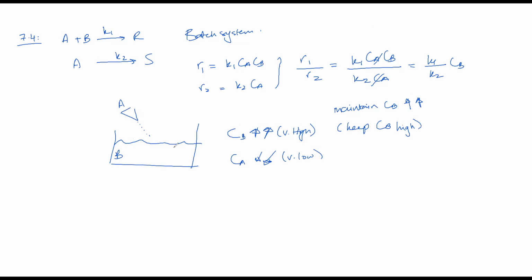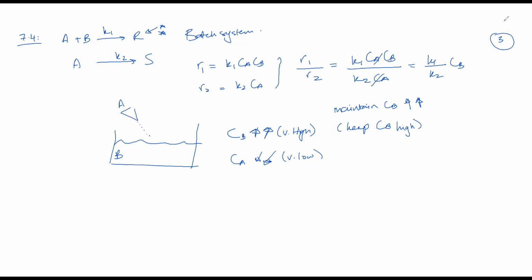This way the concentration of B is always very high in this system, and having a high concentration of B is going to drive this ratio towards R1. So I'm going to get more of the product I'm interested in, which is R. Okay, so just be careful. I made a small error initially in this problem. So if you're still confused, please come see me in office hours.